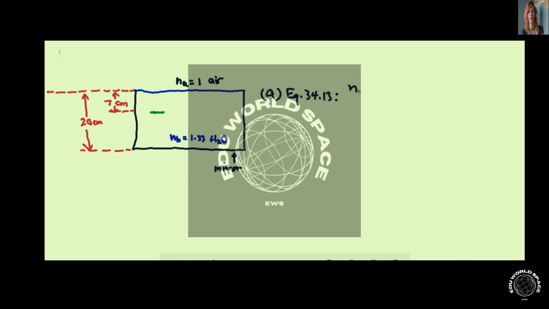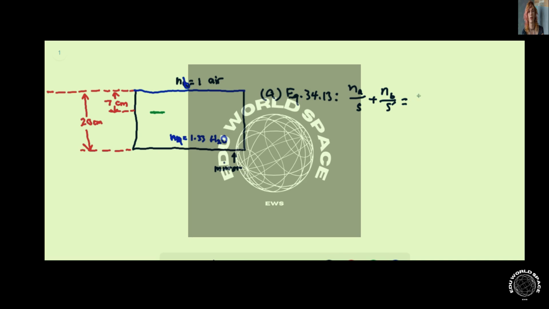So we have NA, which is the index of refraction of medium A, over S, plus NB over S prime. And actually I mislabeled my A and B in the figures here. So actually that should be B and this is A. Okay, so NA is water and NB is air.